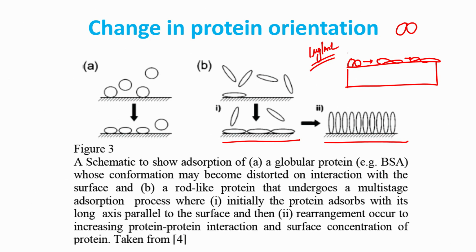Now, consider the same example where, instead of 1 microgram per ml, I come in with 100 microgram per ml, on this particular surface. So, now what will happen? Now, I have a lot more protein concentration in the surroundings, so the diffusion will not be as limited. So, the proteins will come fairly quickly.